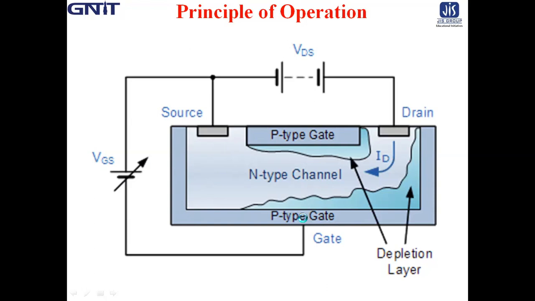Therefore, the depletion layer width is also minimum at the source end and maximum at the drain end. This phenomenon makes the channel tapered. See, the channel is tapered, since the effective channel width increases from source end to drain end. So, this is the principle of operation of JFET.